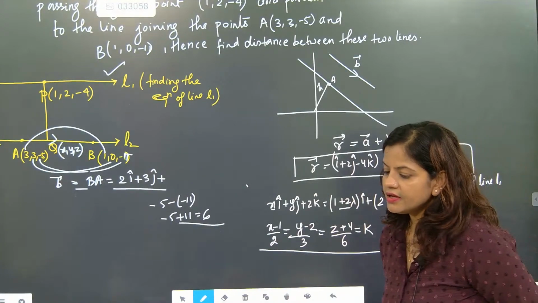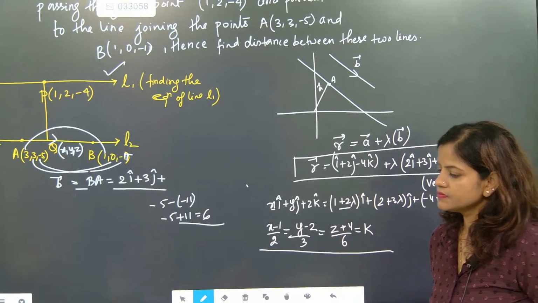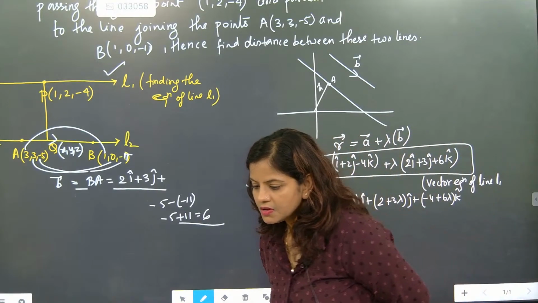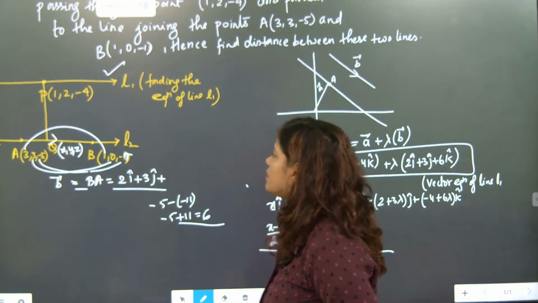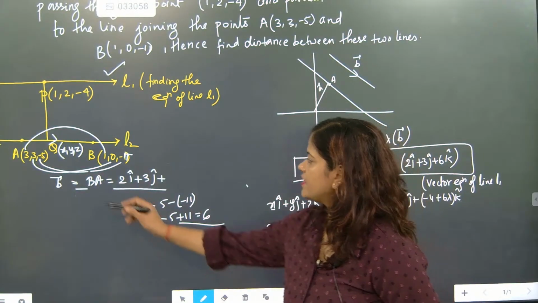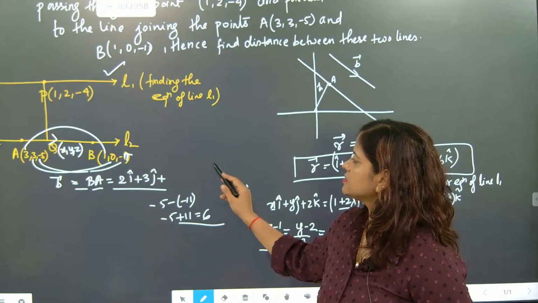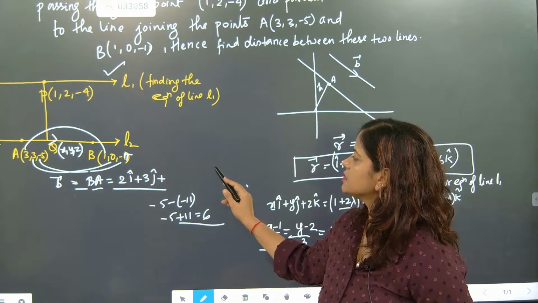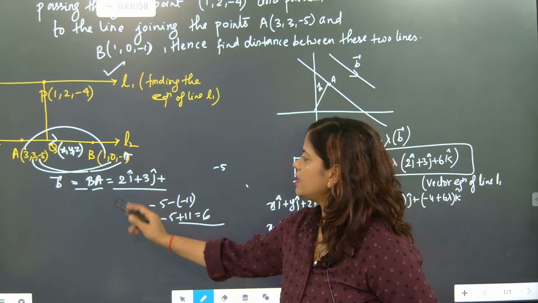Is it done till here, beta? Minus 11 will be coming first. I wrote BA vector, so OA, the A part is minus. OA minus OA.